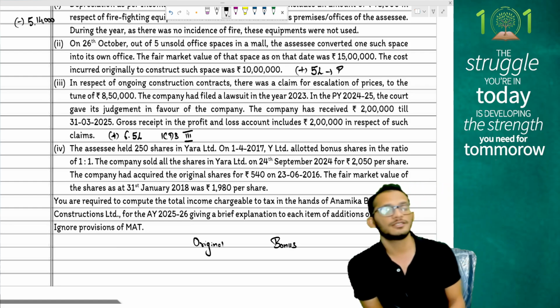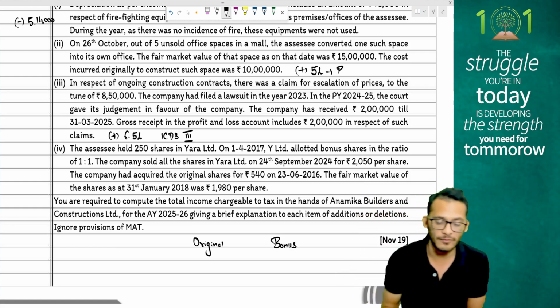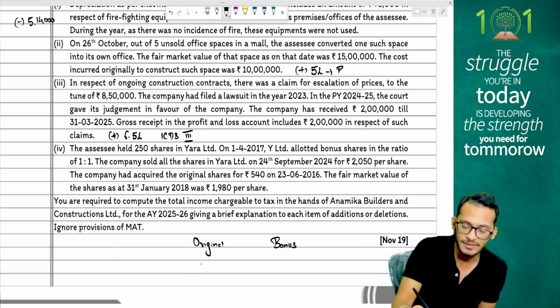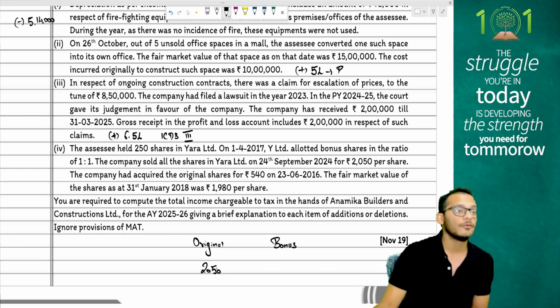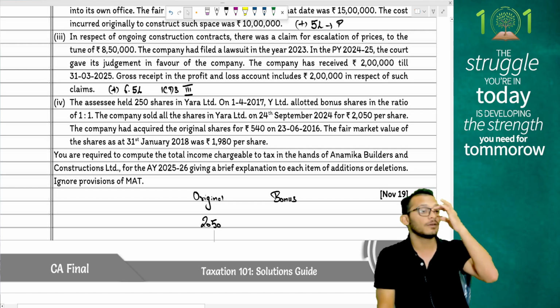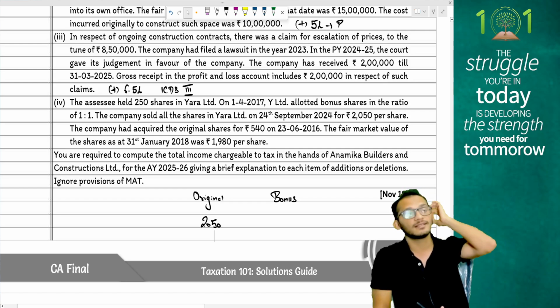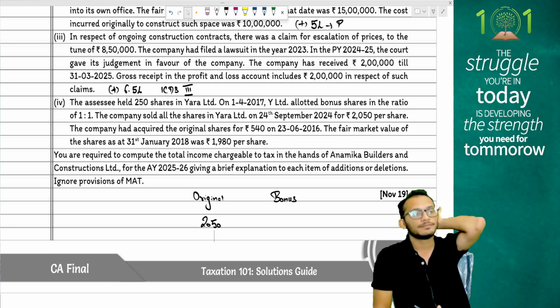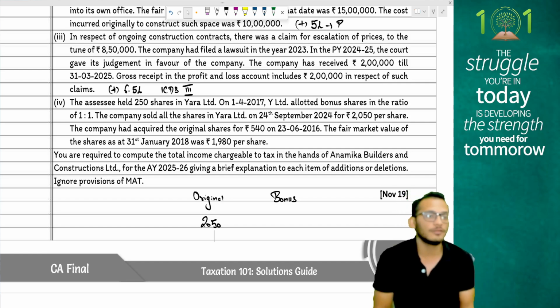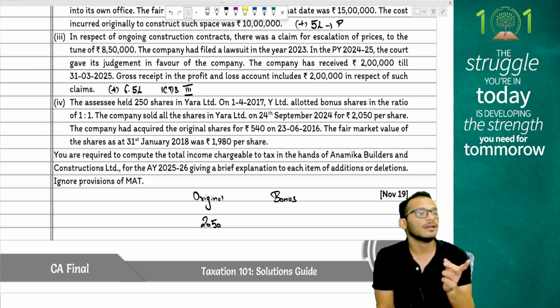Now coming to original shares, you need to tell me what is the full value of consideration. Question says full value of consideration is 2050. For the purpose of cost of acquisition, income tax told us if you have a 112A asset purchased before 2018, you will take FMV of 2018 or actual consideration, whichever is lower, then compare with actual cost, whichever is higher.